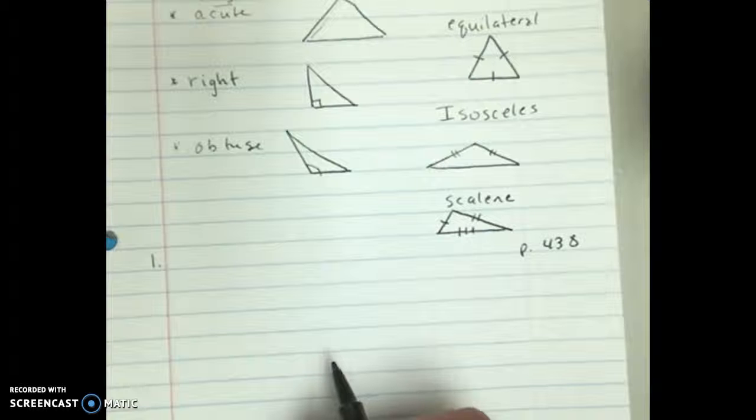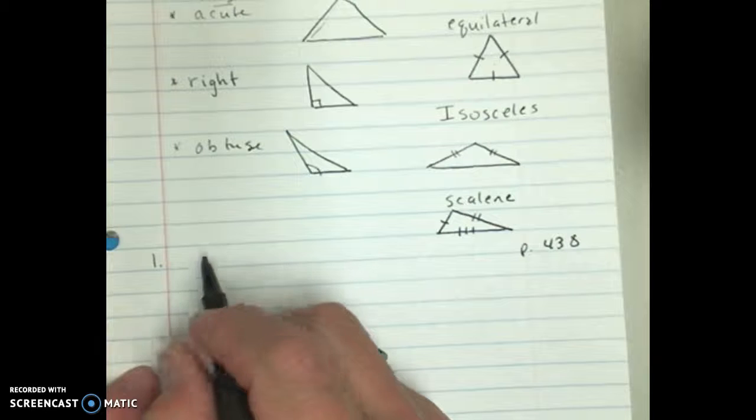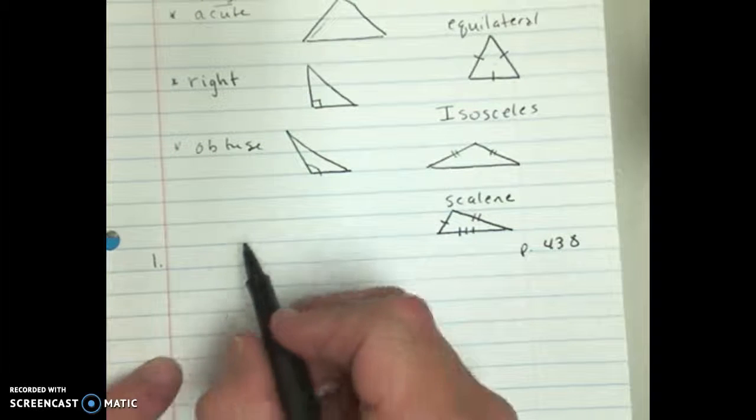So for number one, we want to know what kind of a triangle this is, and we have 6 choices. Letter A, which is acute, B, which is obtuse, C, which is a right triangle, D, equilateral, E, isosceles triangle, and F, a scalene.